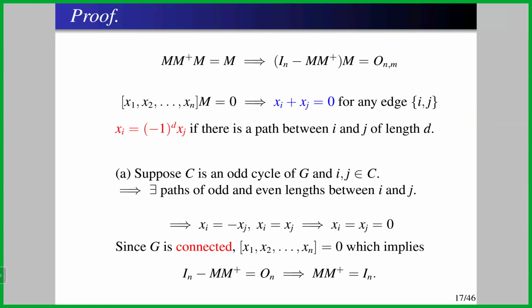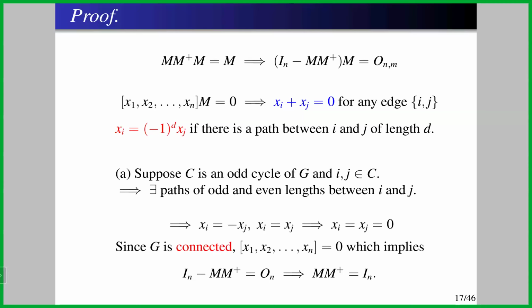So if you take any vertex not in the cycle, there is a path from that vertex to a vertex on the cycle, which implies that all entries x1, x2, through xn are zero. So we prove that the row is a zero row, which means each row of identity minus MM plus is zero, which implies MM plus is identity.